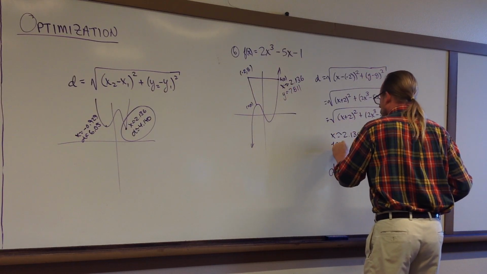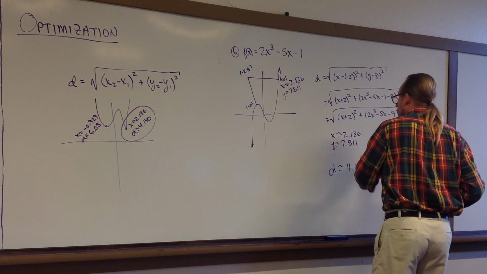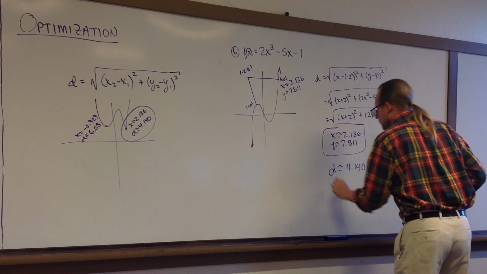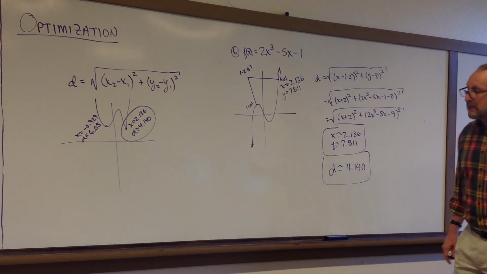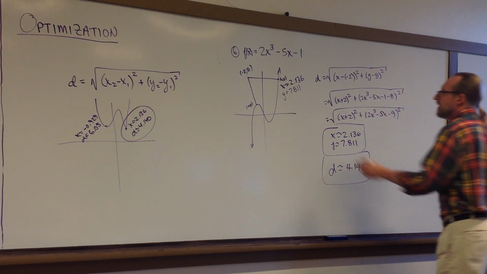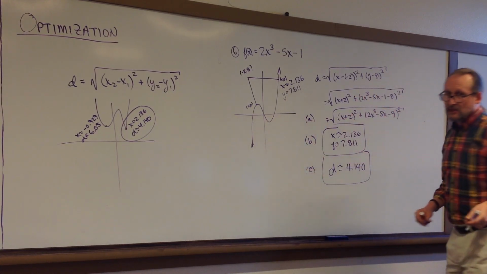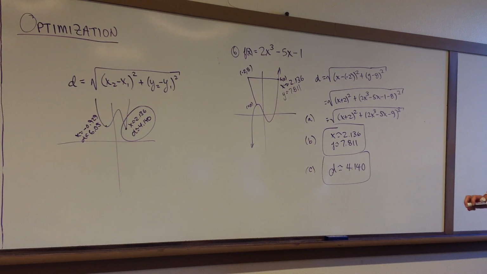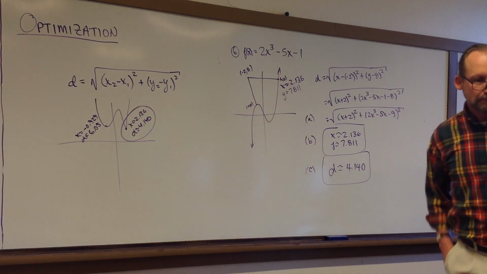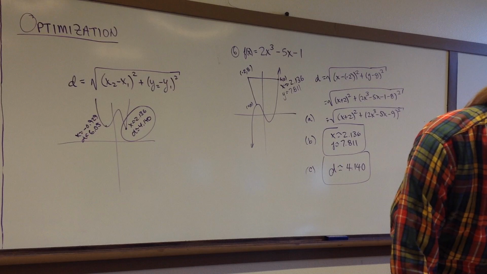And here it is here, 7.811. There's the point that's closest, there's how close it is, and there's our distance function, right? So these are the three pieces that I'm going to be asking you for when this comes up on the midterm, okay? All right, so that was problem 6.